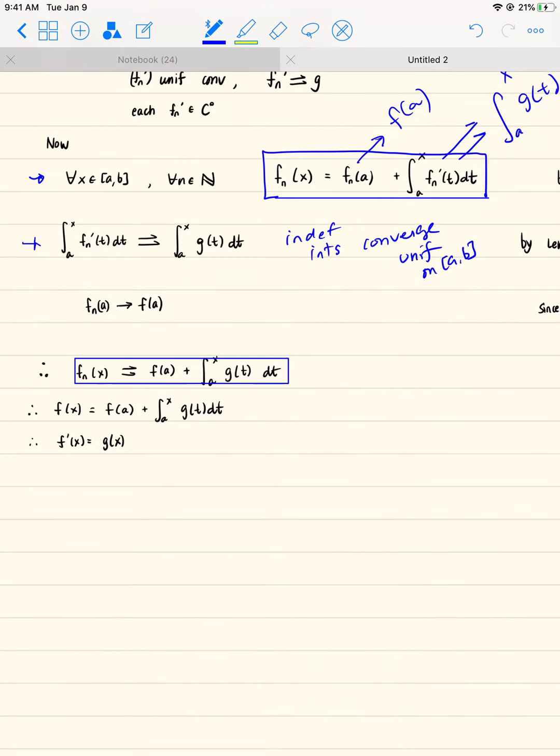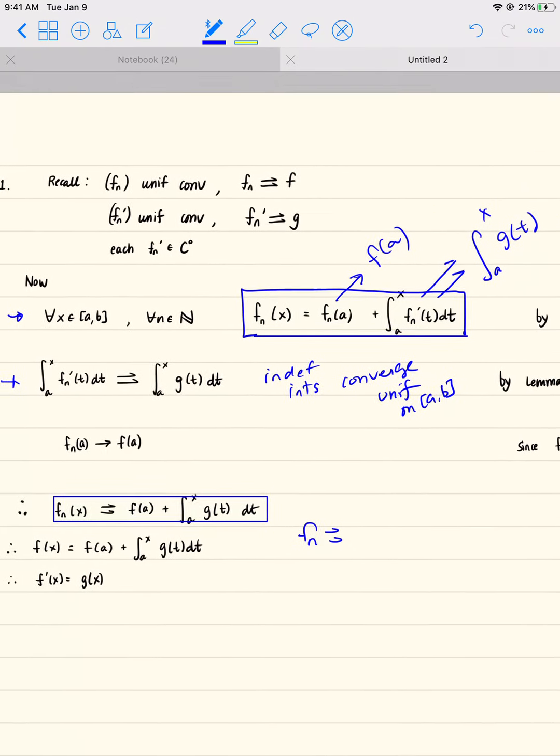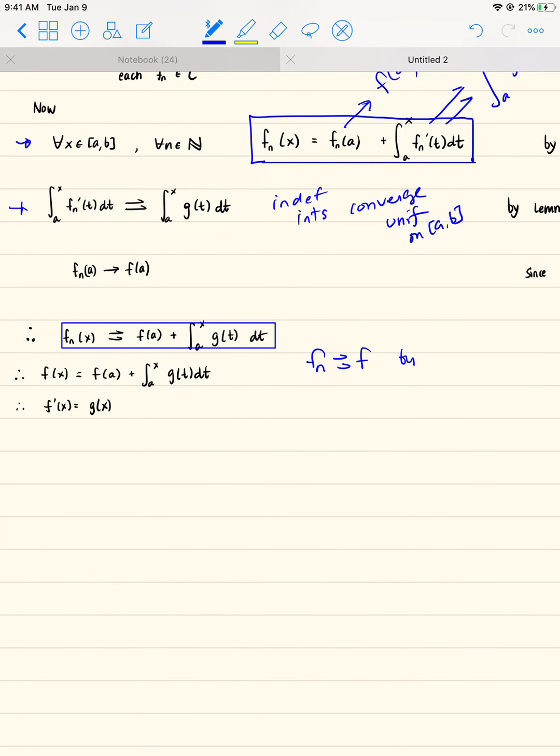Now, remember in our hypothesis, Fn goes uniformly to some function f, by hypothesis. So if Fn is going uniformly to f of a plus this indefinite integral, and Fn is converging uniformly to f, by the uniqueness of limits, it must be that f of x is equal to f of a plus the integral from a to x of g.